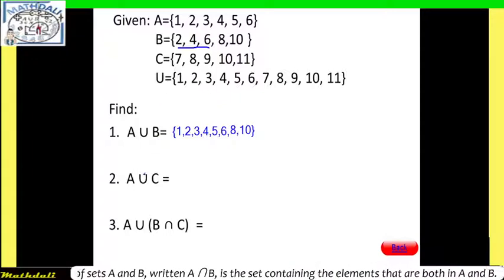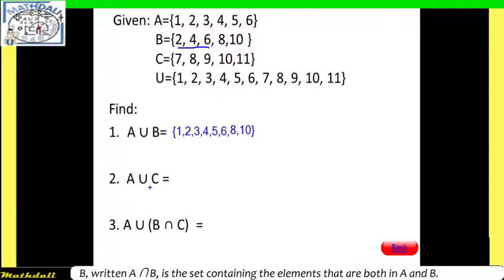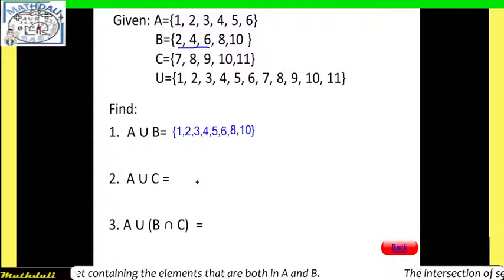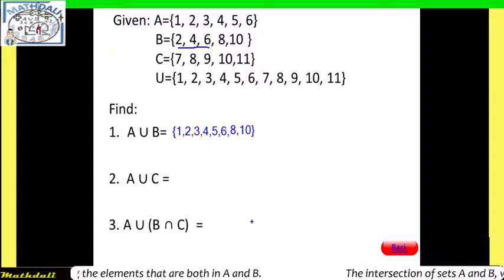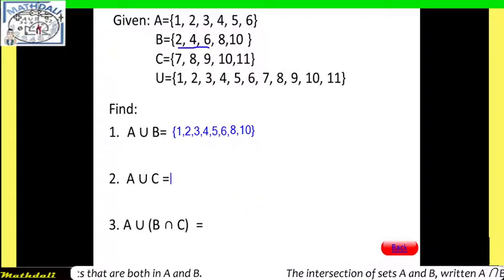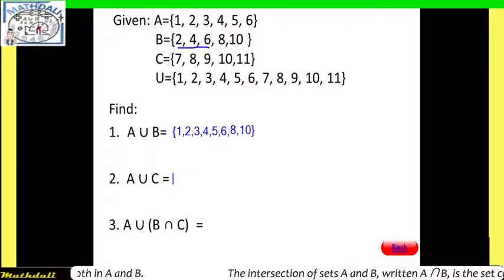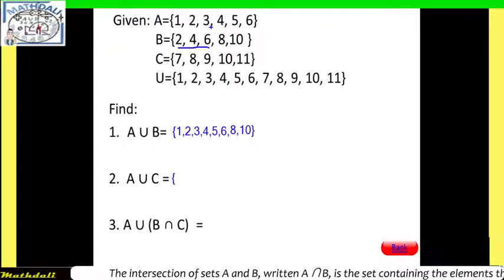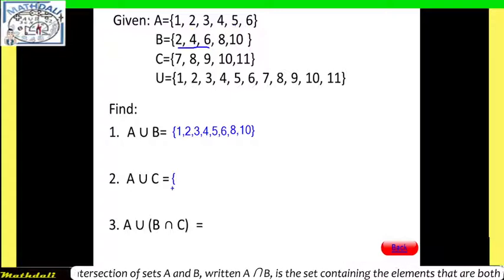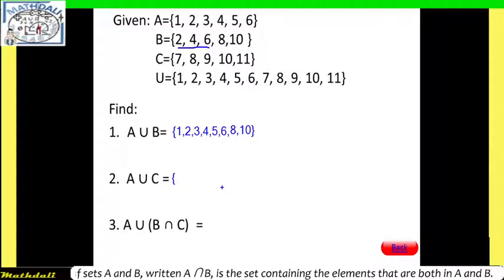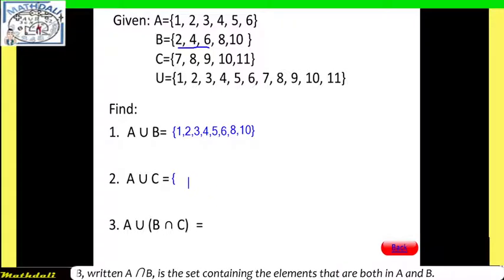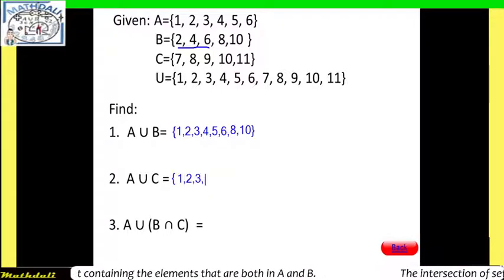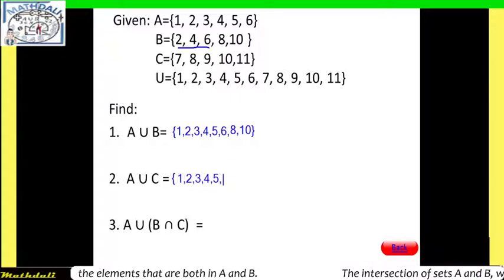The next, A union with C. Identify natin yung mga element, yung union ni set A and set C. Yung set A natin, we have 1, 2, 3, 4, 5, and 6. So, ilalagay muna natin dito yung element. Yan ay sa union. So, we have 1, 2, 3, 4, 5, 6.